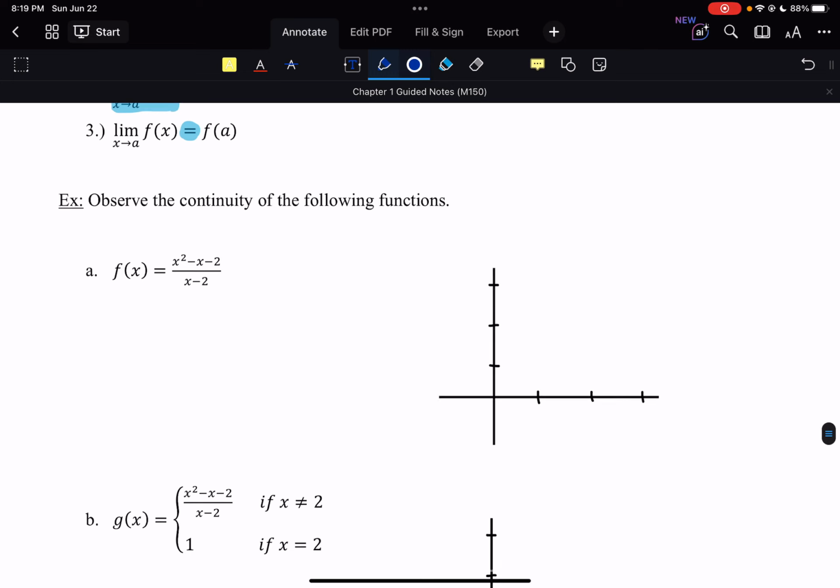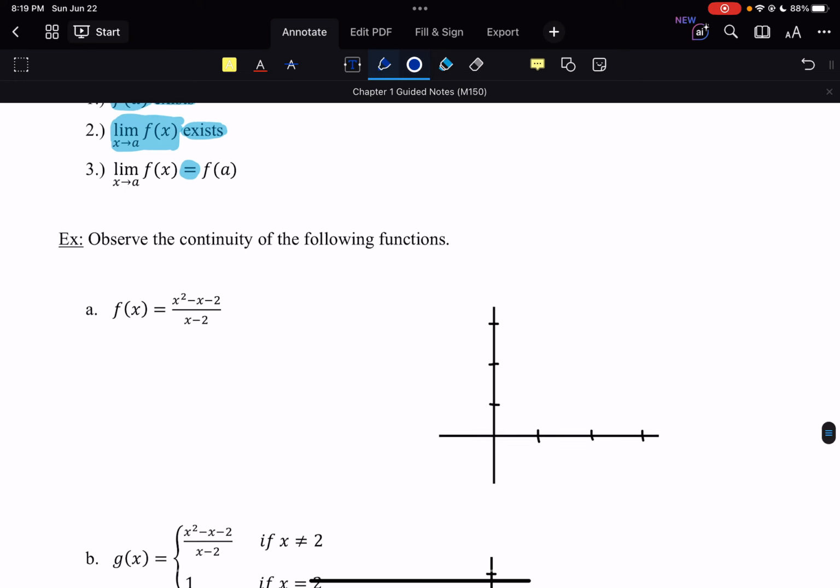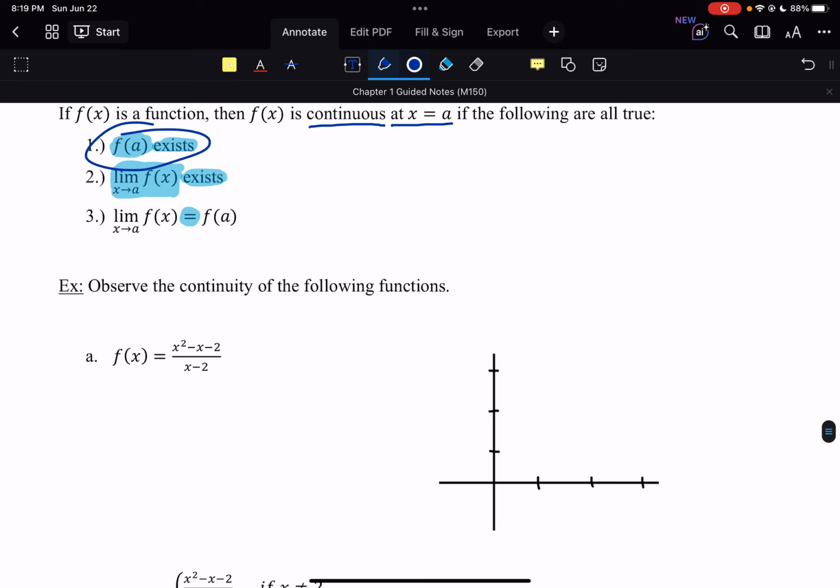Observe the continuity of the following functions. The first thing we want to look at is, for this rational function, are there any points where this function does not exist? Are there any x values that do not produce an f of a, like we talked about in the first part here?